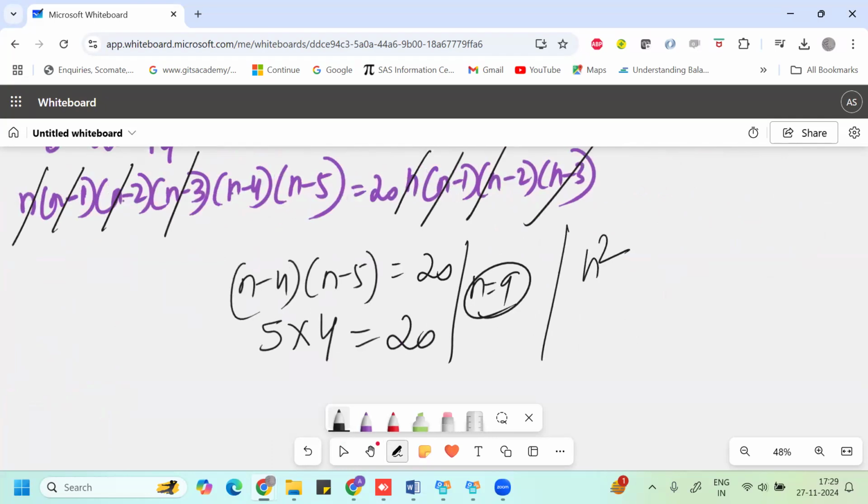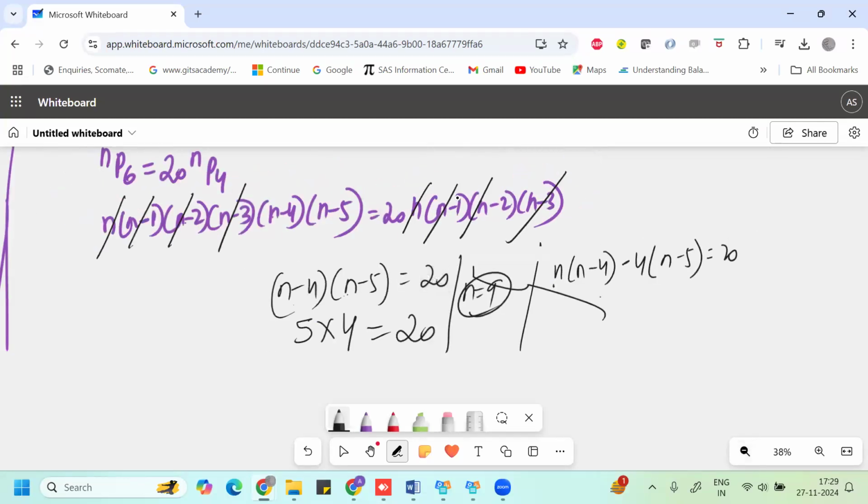Or if you don't want this, use the quadratic. n minus 4 into n minus 5 is equal to 20.